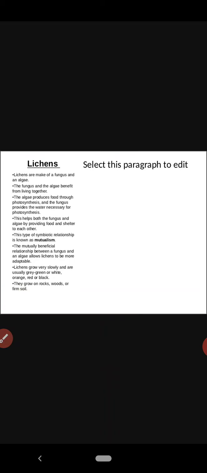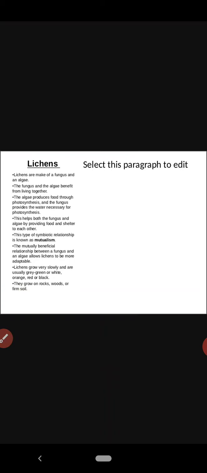The mutually beneficial relationship between a fungus and algae allows lichens to be more adaptable in hard or unfavorable situations. Lichens grow very slowly and are usually gray, green, white, orange, or black in color.